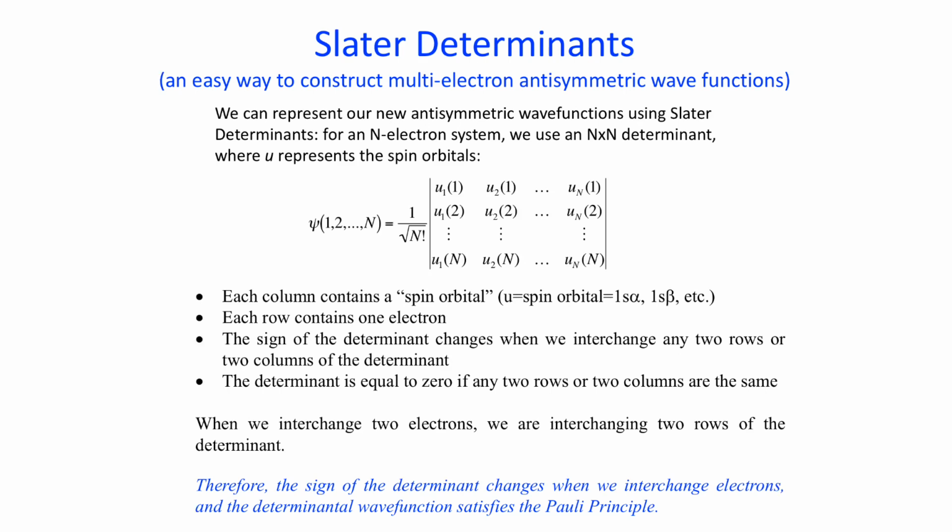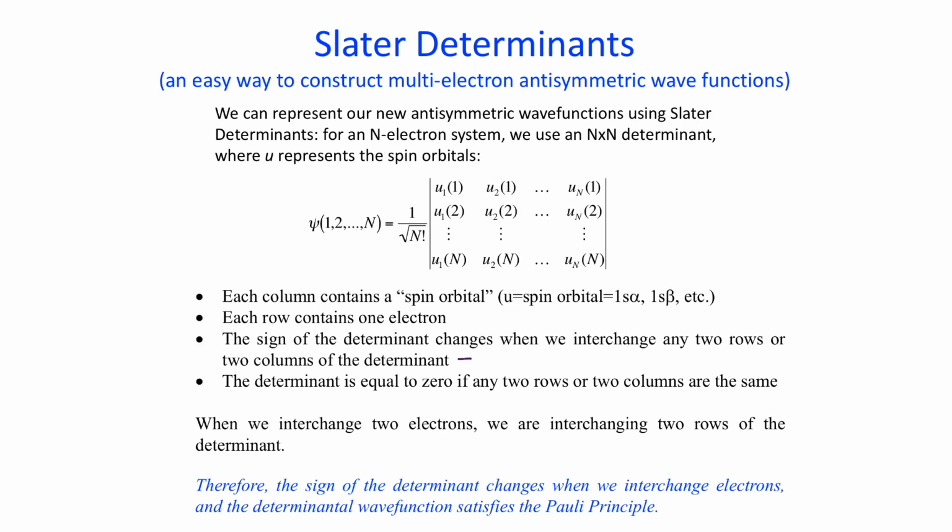The other requirement that is satisfied by using the Slater determinants is that if any two rows or columns are the same, then our determinant is equal to 0. That essentially satisfies our Pauli exclusion principle, which says no two electrons can occupy the same location, can't have the same 4 quantum numbers.